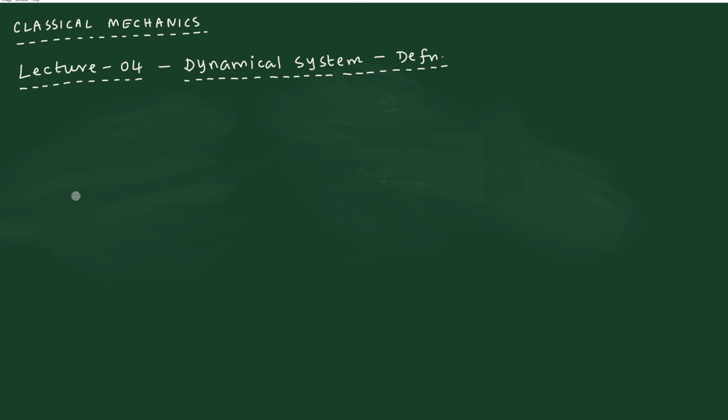What is the point in using the word dynamical system rather than mechanical system? It is that dynamical system refers to a much broader class of problems than the previous one. Mechanical means it is restricted to any physical system that is mechanical in nature.